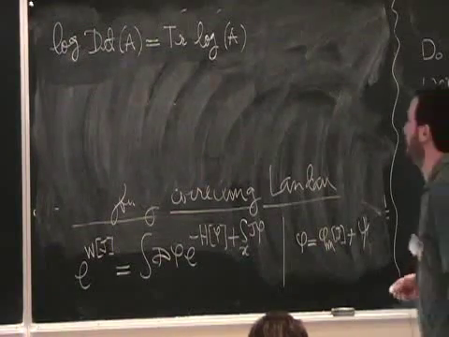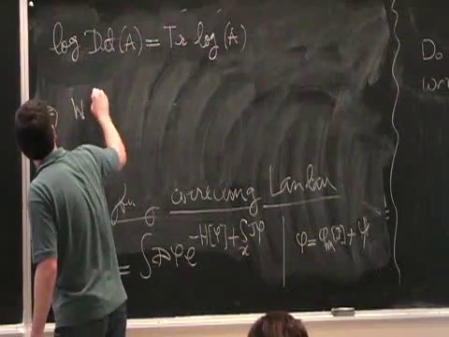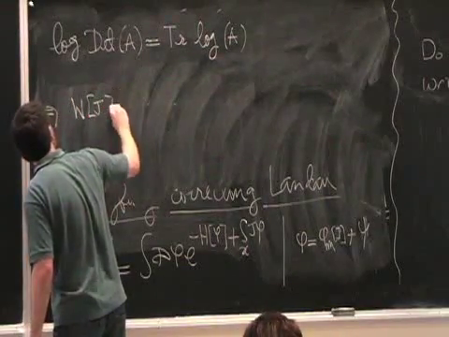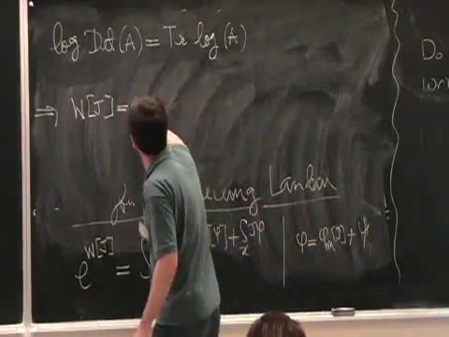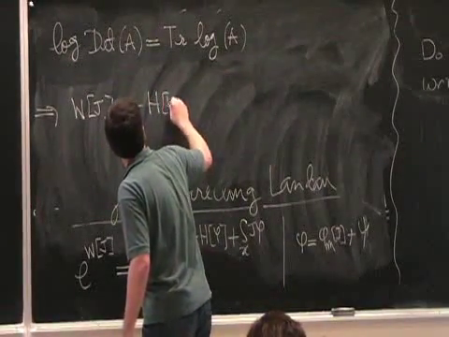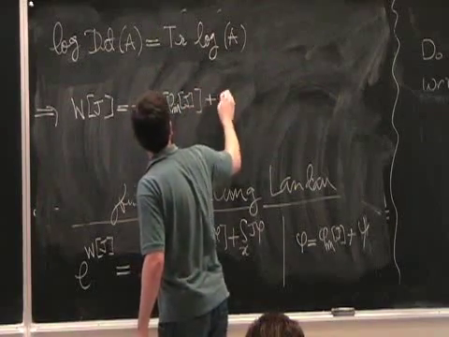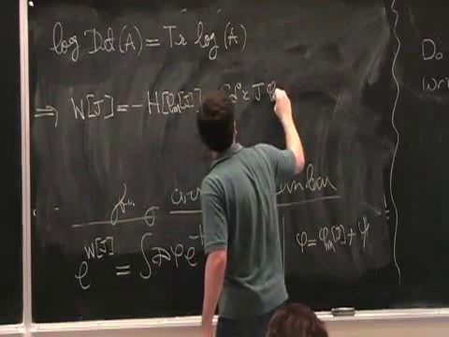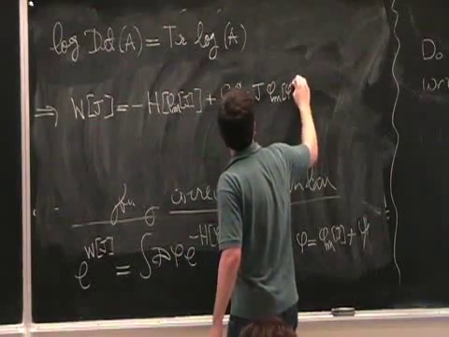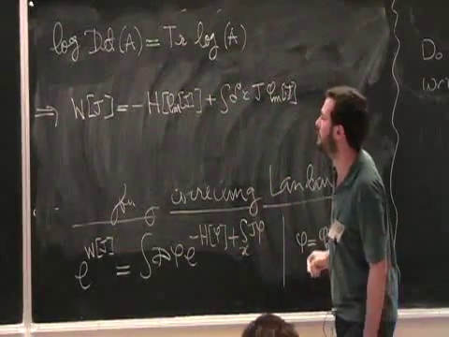So by using that, I conclude that the free energy as a function of the external magnetic field is, first of all, the mean field expression, and we have this correction.